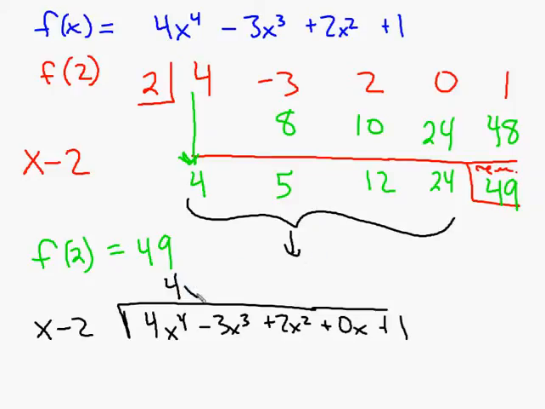So I'd have 4x, not to the 4th though, because I essentially divided by an x, so it's x cubed, plus 5x squared, plus 12x, plus 24, and our remainder was 49. So I can do my synthetic division instead of doing the long division right here.